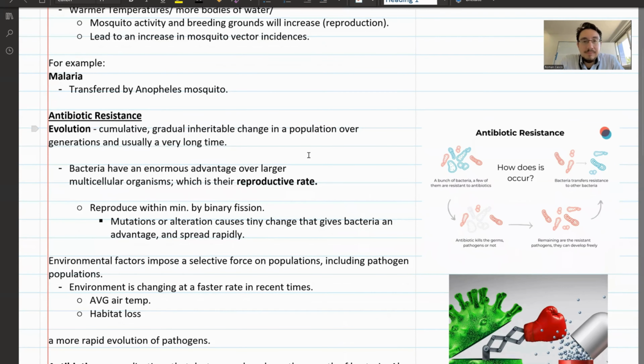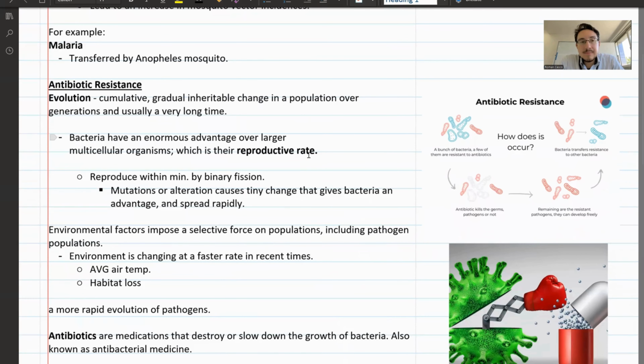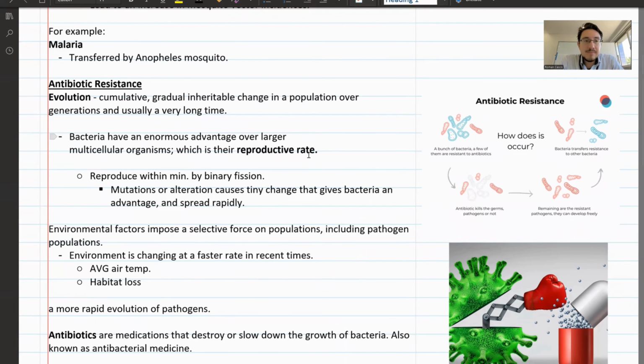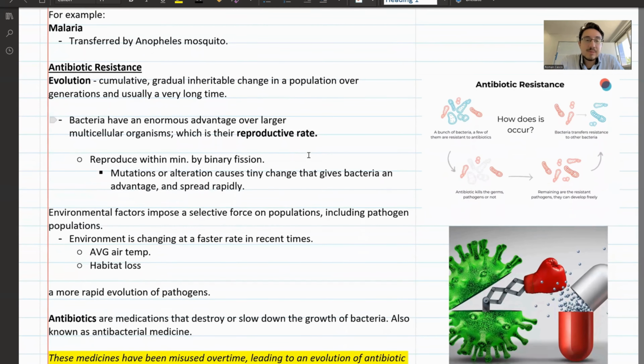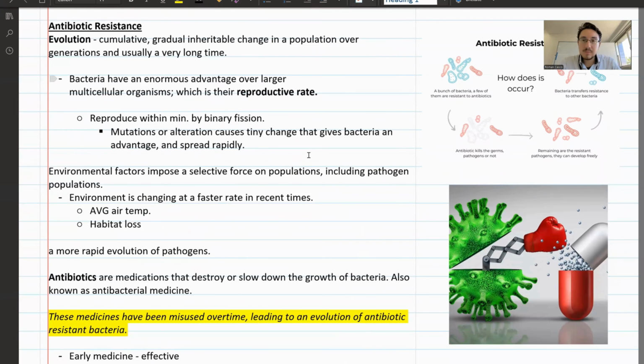And definitely you see that a lot with malaria and the Anopheles mosquito. So climate change and globalization are some things that influence the spread of disease. And then you have antibiotic resistance that we are also familiar with from chapters 8 and 9, when we talked about evolution.